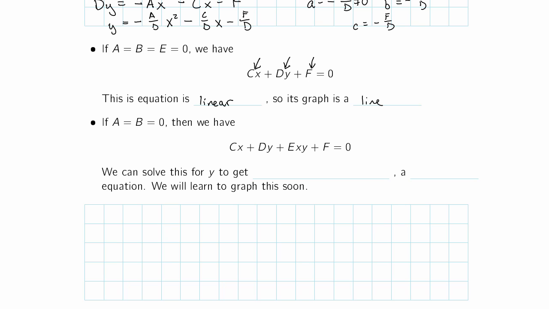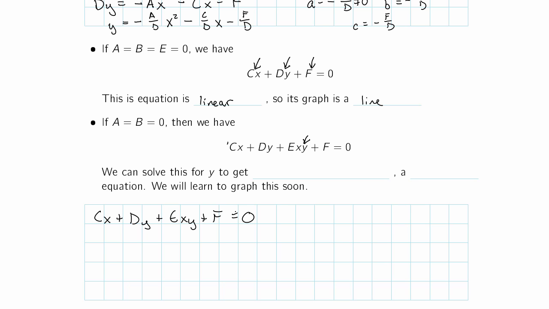Finally, if our a and b are 0, so we have no x squared terms and no y squared terms, we have something that looks like this and has this odd xy term in it. We can solve that for y as well, though. So we start with cx plus dy plus exy plus f equals 0.